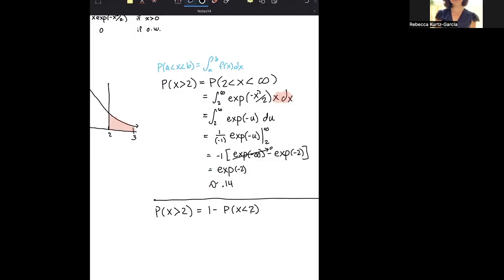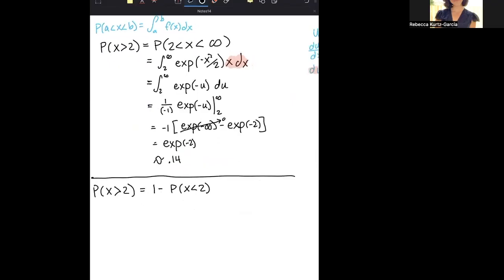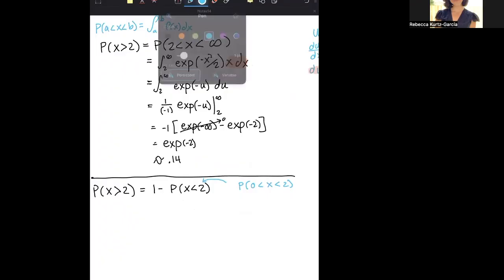Again, we don't have to be too careful about the equals in the continuous case. Also, if you'd like, for completeness, or just to be a little bit more explicit, this is implicitly assuming that x is between 0 and 2, because past 0, the PDF is 0. Okay.